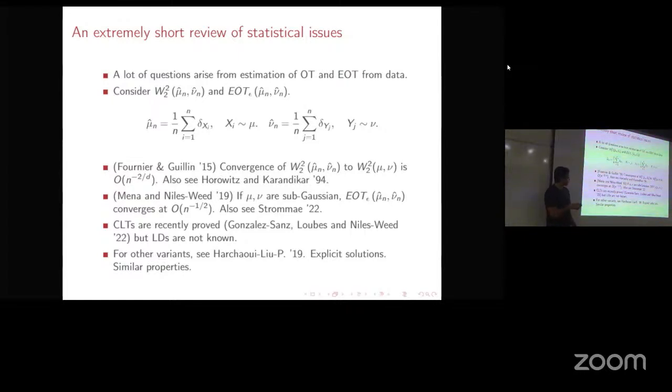If you want to estimate W2 between empirical distributions, the second thing our statistician would ask after consistency is: is there a central limit theorem? Can I give confidence intervals? The situation is worse than bad. Not only is there no central limit theorem here, but the bias is bigger than the variance. It's just terrible.